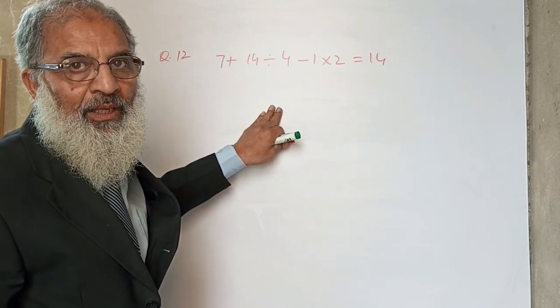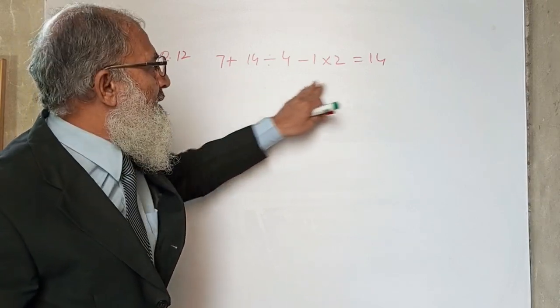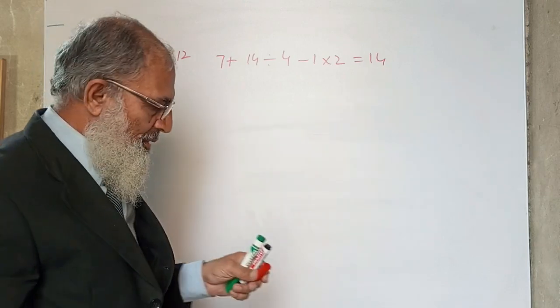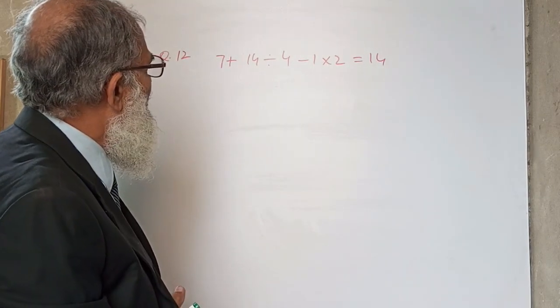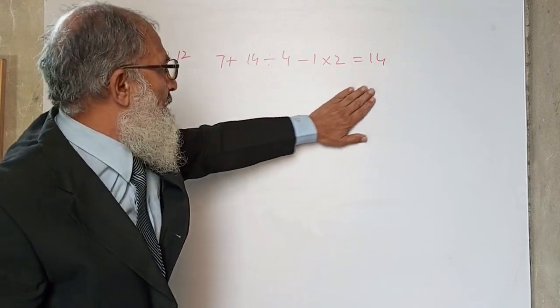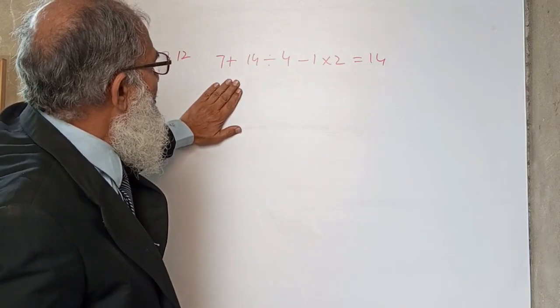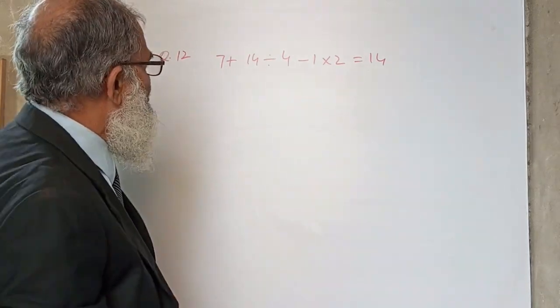We have to place brackets such that this answer comes. So what will we do here? Just look, it is 14. Now how can we obtain 14 from this whole expression?